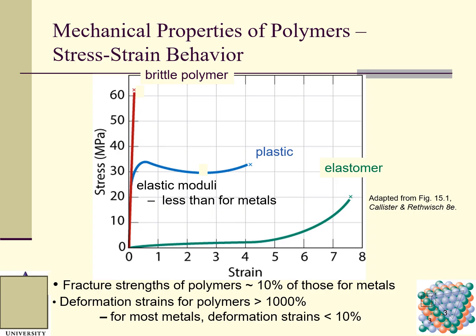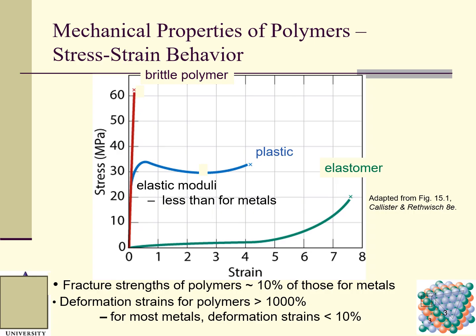A brittle polymer means that it does not experience any plastic deformation before it fails, before it fractures, which is totally different from this curve. In this curve, it shows it has plastic deformation. The fracture strength of polymers is about 10% of those for metals.